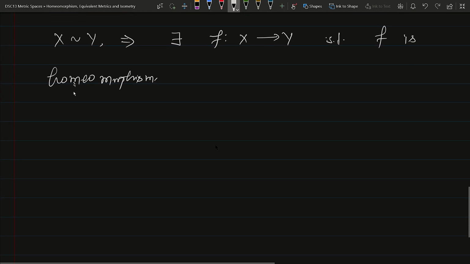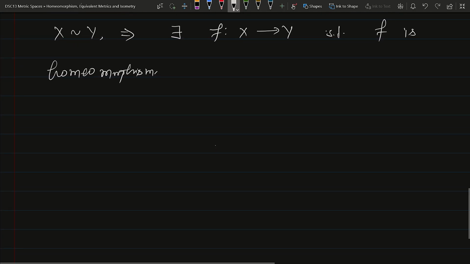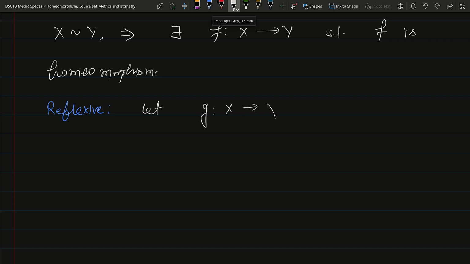मैट्रिक स्पेस का इक्विवेलेंट होना अभी हम थोड़ी देर में पढ़ने वाले हैं. Now, first of all, come to the reflexive. कैसे हम बात कर सकते हैं क्या x हमेशा x से रिलेटेड है? So we can define a mapping Z from X to X such that Z of x is equal to x.